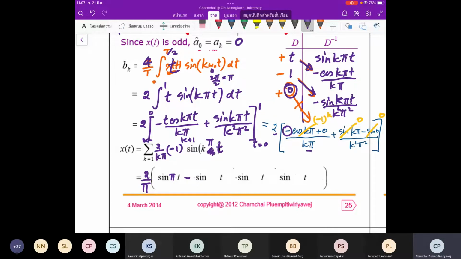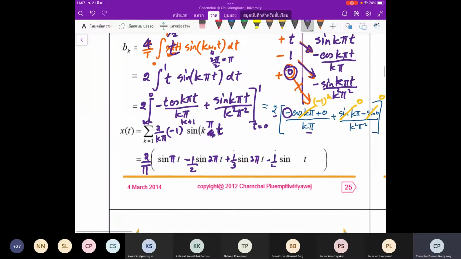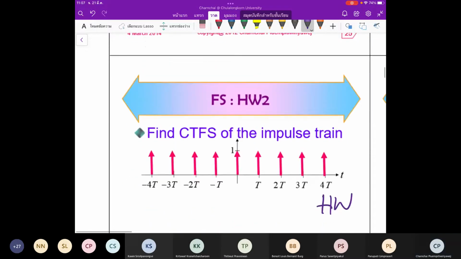And then plus 1 over 3 sine 3 pi t, minus 1 over 4 sine 4 pi t, and so on. This is pretty much it. This is what we get for x of t.